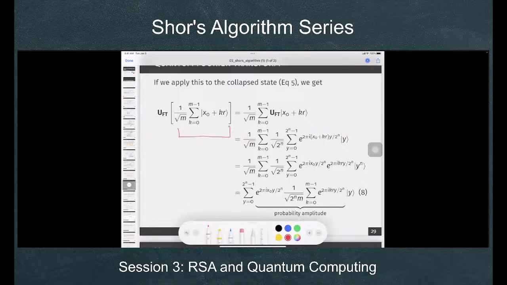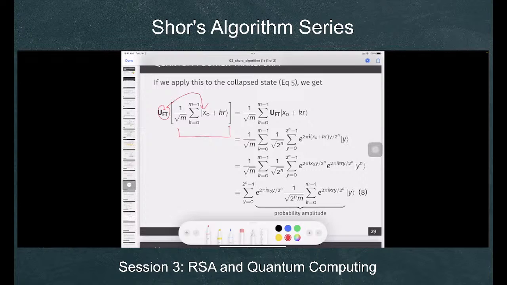You apply the quantum Fourier transform, and by linearity, you can apply it to each element of the sum, each element of the superposition. That's why we are able to put this inside the summation, because of linearity.